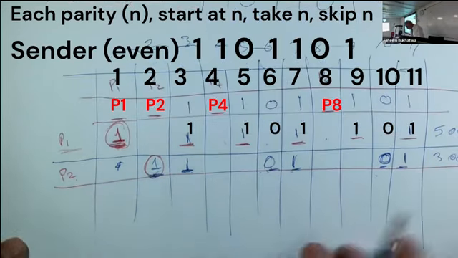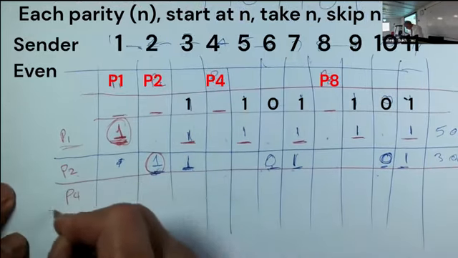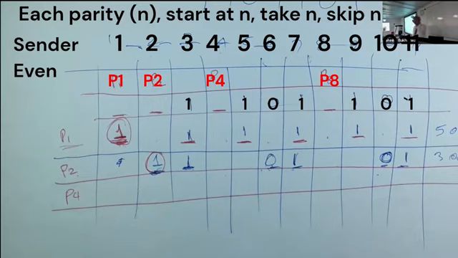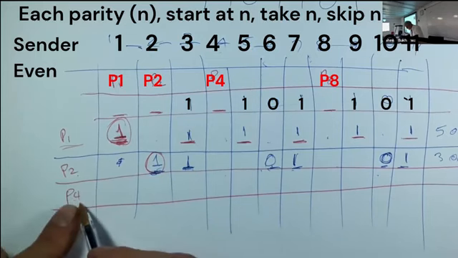Now it's going to help me with parity bit 4. We start at number 4. We use 4 and skip 4, use 4, and keep going until you get to the end of the data. So tell me, where shall I go here with parity 4?